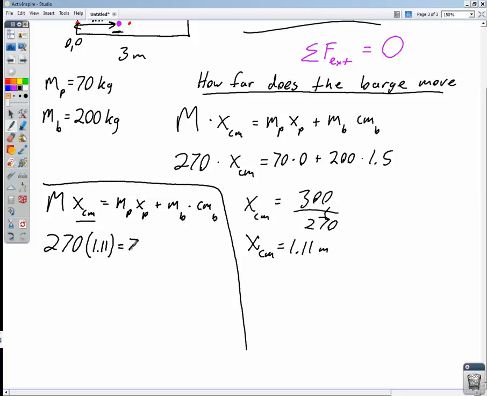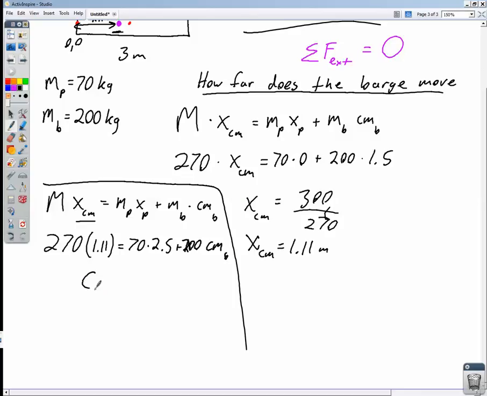And the mass of the person is still 70 kilograms. They are now 2.5 meters to the right of the origin. And we know the mass of the barge is 200. And we're looking for where that center of mass of the barge now is. It's not going to be at 1.5 anymore. It's going to be someplace to the left.